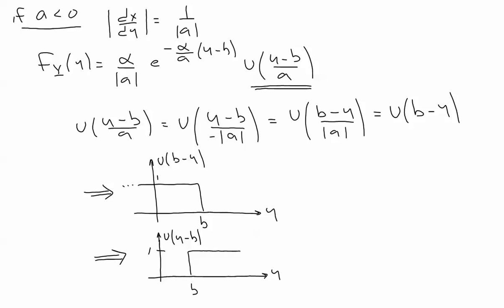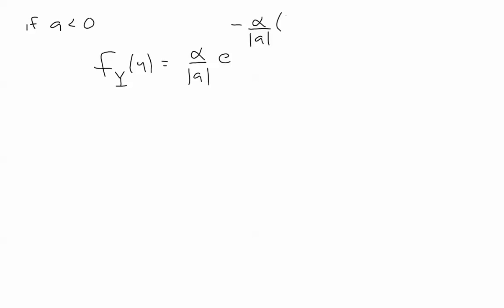To finish up this particular part of the problem, if a is less than 0, it's a negative going slope, then my probability density function for y equals alpha over absolute value of a times e to the minus alpha over absolute value of a times (b minus y) times u of b minus y.